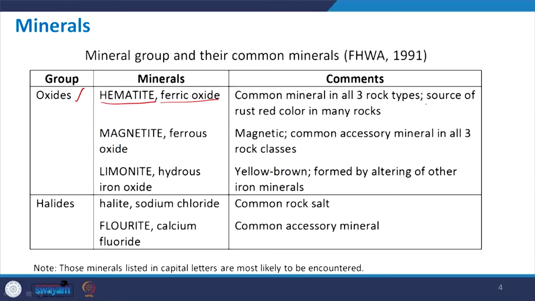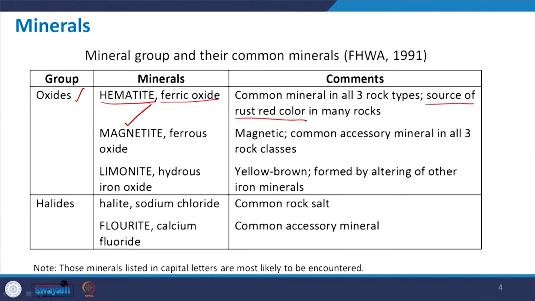So this is the source of rust red color in many rocks. The next mineral in the oxide group is magnetite, ferrous oxide. This is magnetic and is a common accessory mineral in all the 3 rock classes.